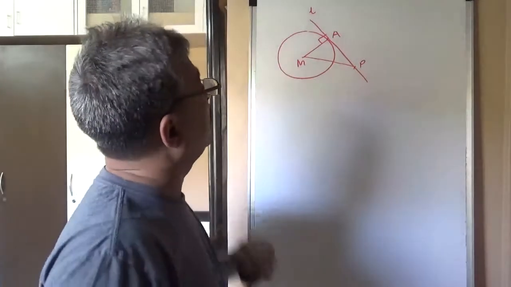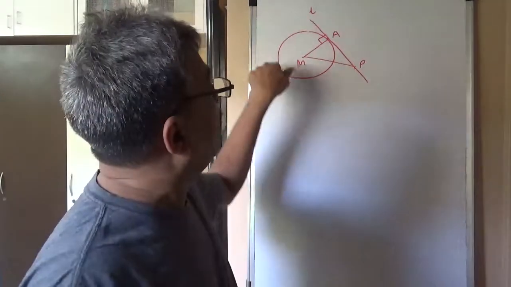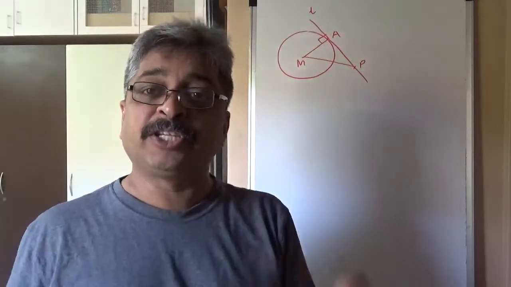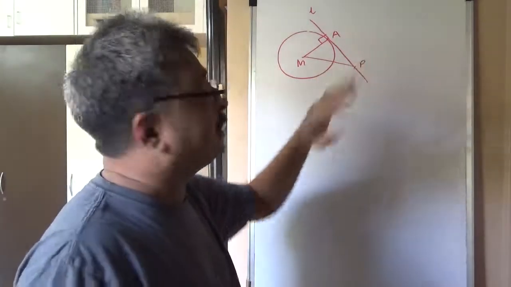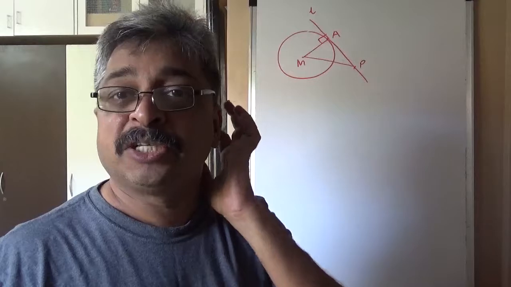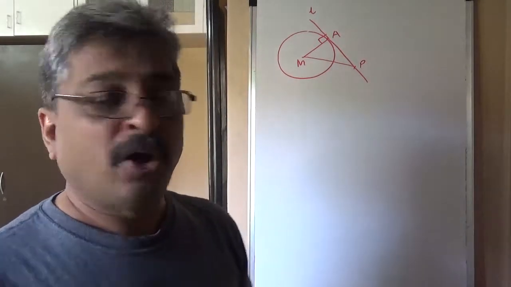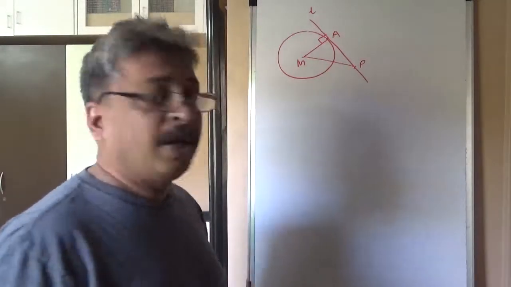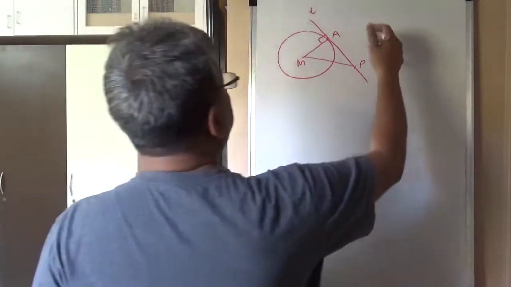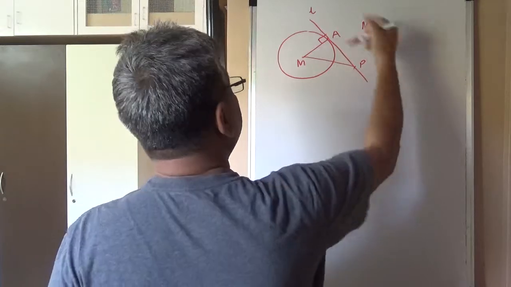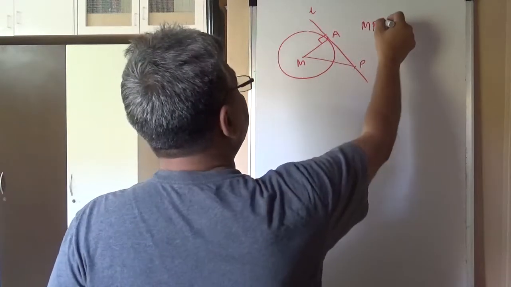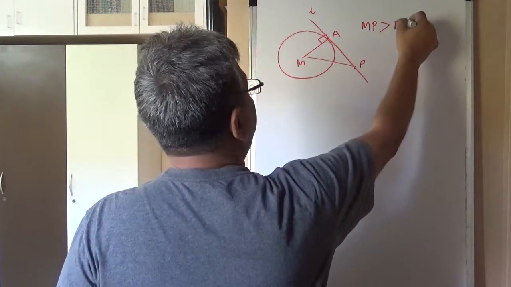In this case, the fixed point is M, and P is at a larger distance compared to the radius, and hence it will not lie on the circle. So we have to prove that the distance MP, for any point P on this line other than A, is always greater than MA.